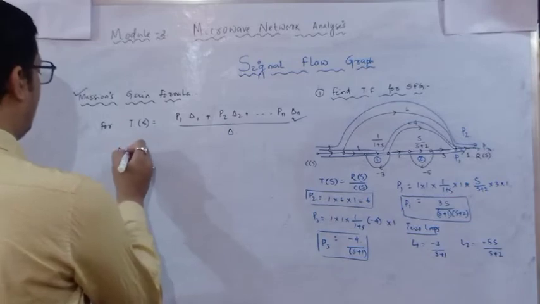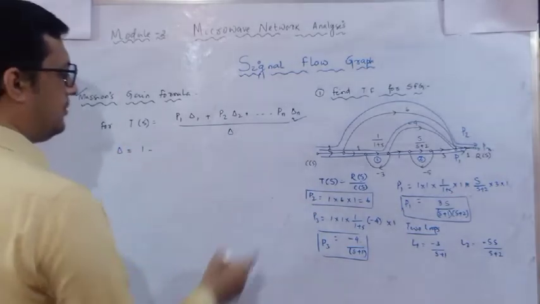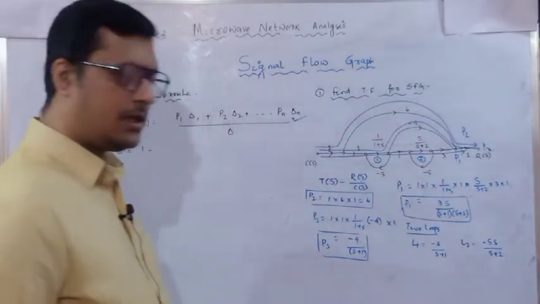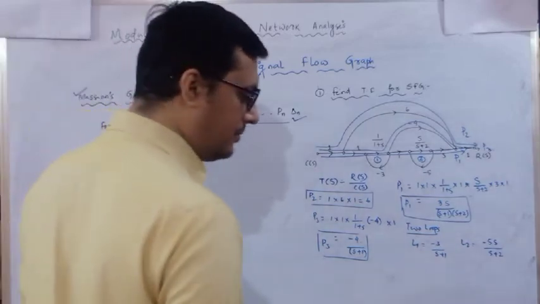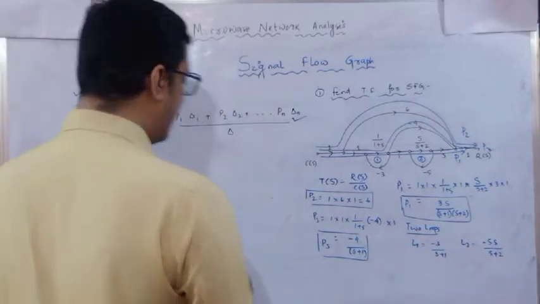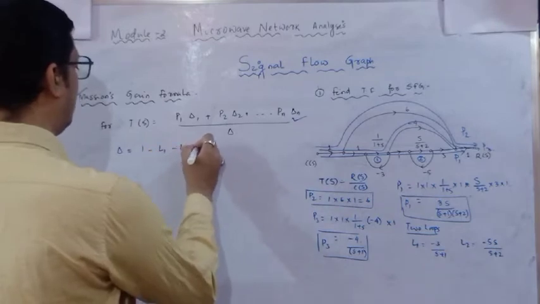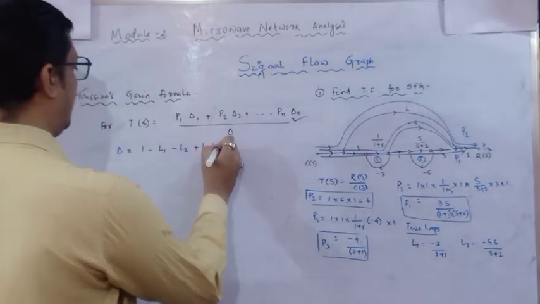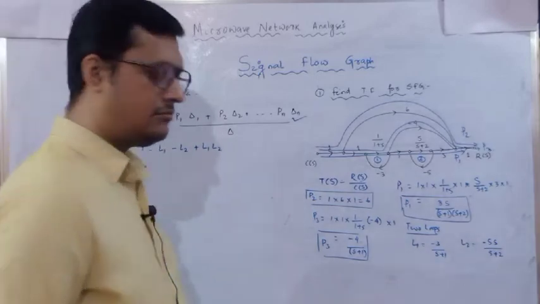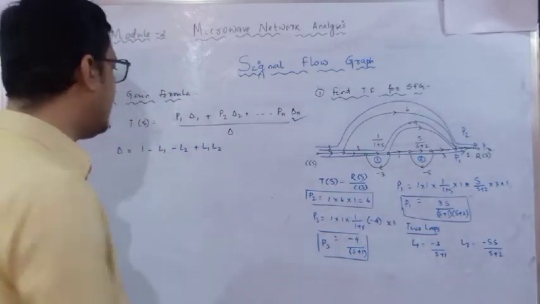Del is equal to, how many loops are there? 2 loops. So 2 loops will be 1 minus L1 minus L2 plus L1 into L2. So this is the del.